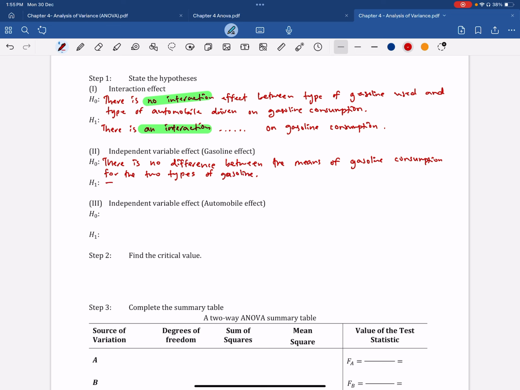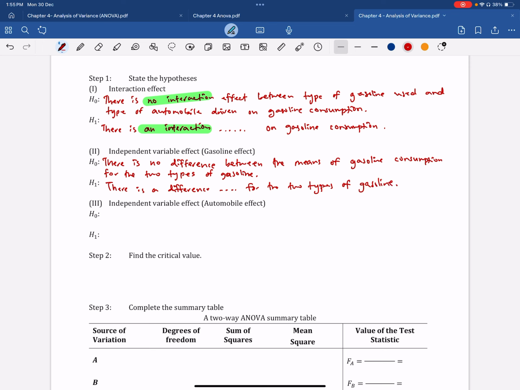And for the alternative hypothesis, there is a difference, and then you copy up to the two types of gasoline. Make sure you write this as a full hypothesis.